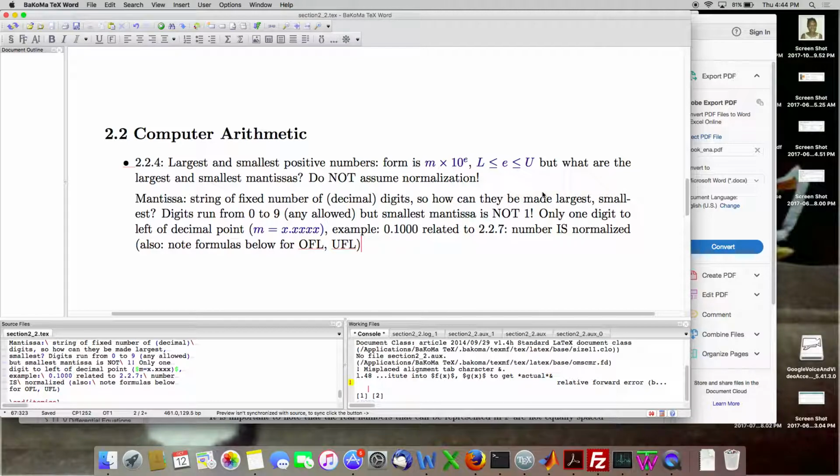That's what we're looking for. Overflow and underflow are the largest and smallest possible numbers you can have in that system that you can represent exactly. So whatever you come up with ought to be consistent with those formulas for the floating point system that you have in this problem.